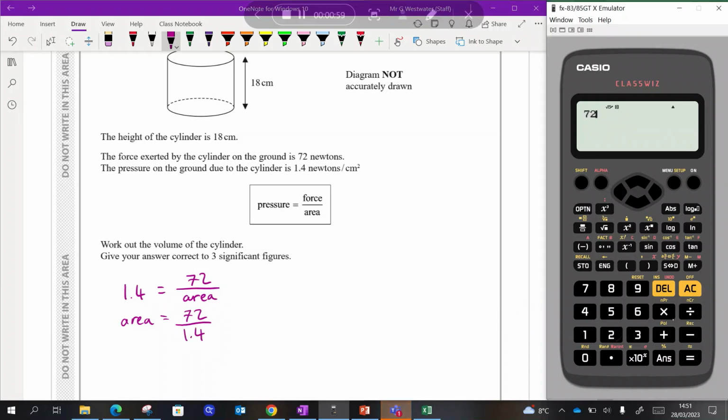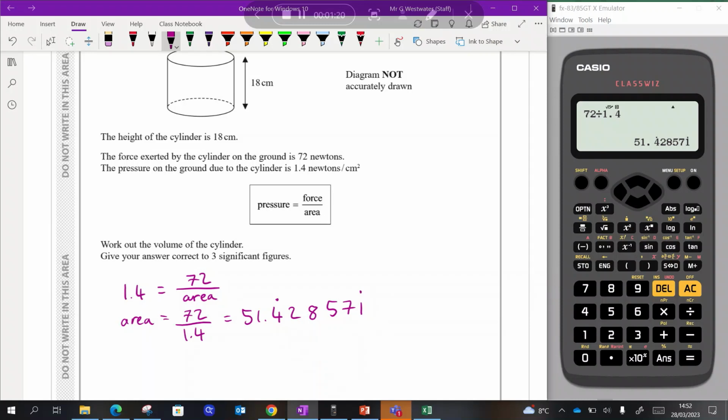So if I do 72 divided by 1.4, we get this really horrible number, but we'll keep it stored in the calculator, 51.4285571, recurring between 4 and 1. Not the nicest, but we'll see what we can do with that afterwards.